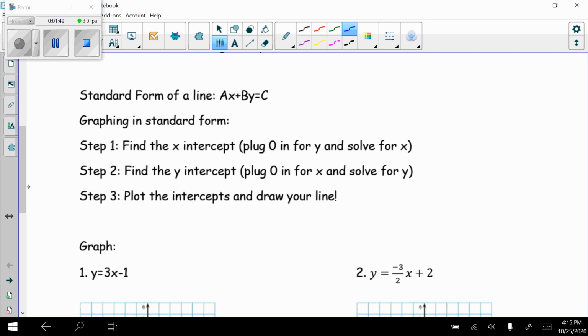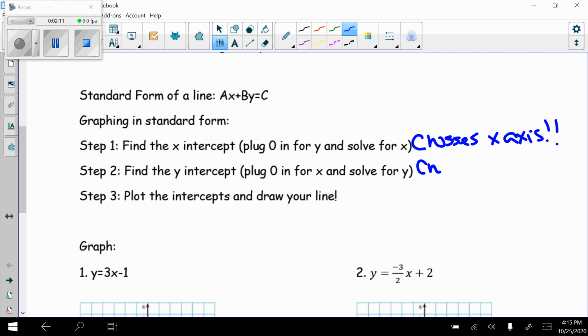Okay, so this is crossing the x-axis, or your x-intercepts. And if it's crossing the x-axis, that means that y is 0. So to find your x-intercepts, you simply plug 0 in for y into the equation, and you solve for x. Step number 2, you want to find your y-intercept.